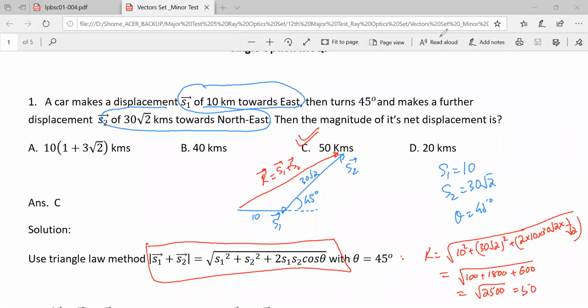Okay, people, any doubt in this question? Is it fully clear? Okay, good.